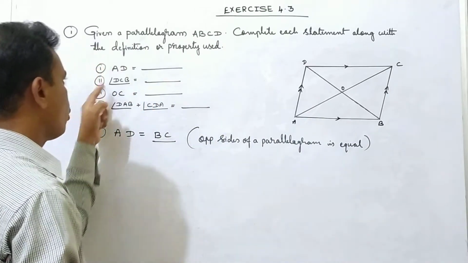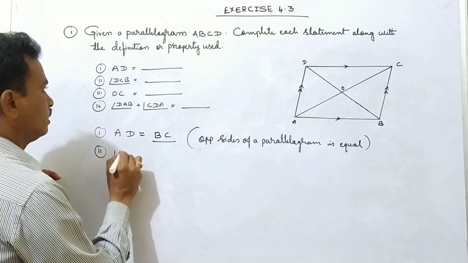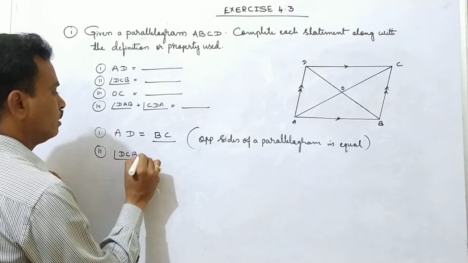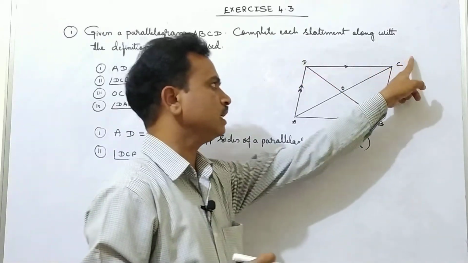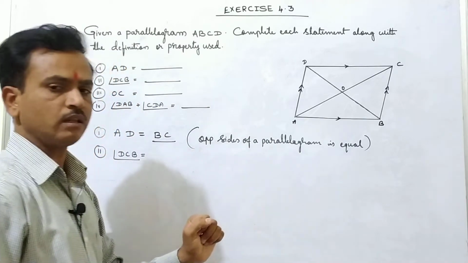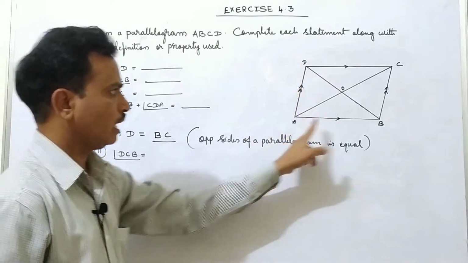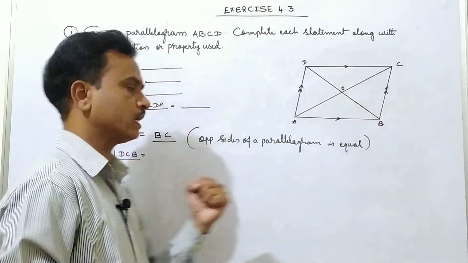Okay. Next point, second point, angle DCB. Now see in that figure, angle DCB, that is equal to which angle? Angle DAB. Why? These two are equal because opposite angles.